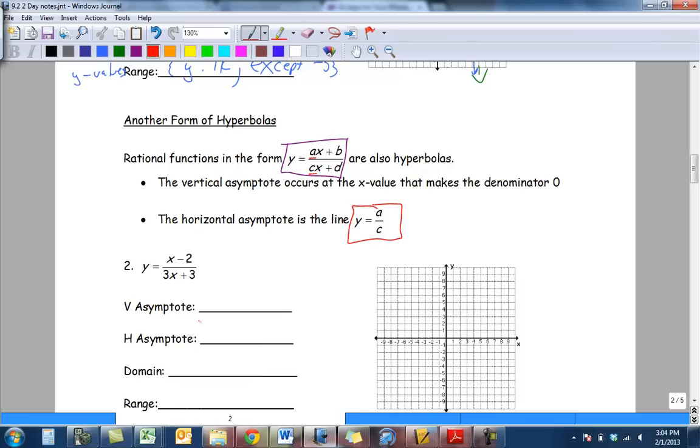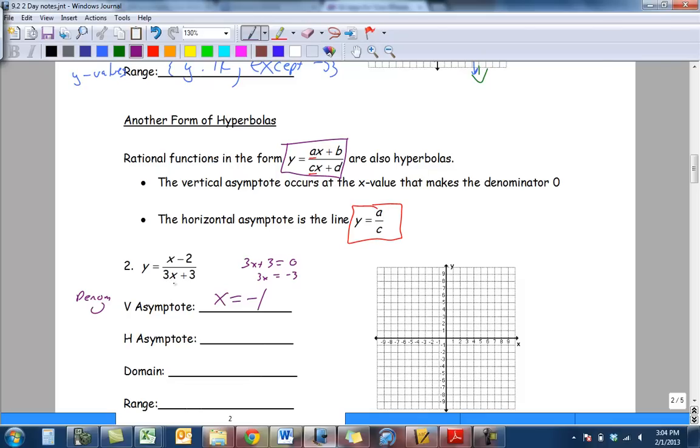Let's do an example here. The vertical asymptote: what makes the denominator 0? Well, let's see. 3x plus 3 is equal to 0. 3x is equal to -3. X is equal to -1. If x is -1, that makes this denominator 0. So x cannot be that.